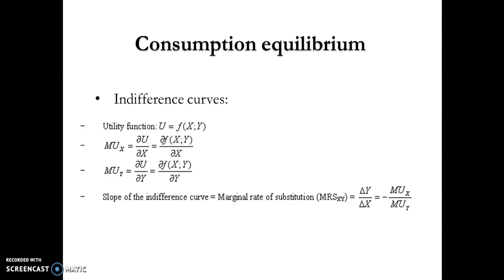Now, from chapter 3 on consumer behavior in micro, it was necessary to examine consumer preferences before we began. And there were 3 assumptions, namely completeness, transitivity, and that more is always better than less. And that imposed a degree of rationality to the consumer's behavior. You were also able to construct your indifference curves to show which combinations of market baskets gave the consumer the same level of satisfaction.